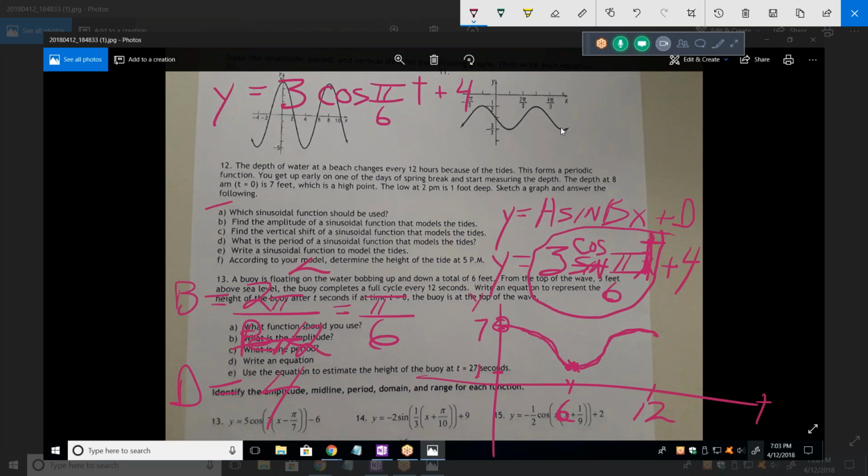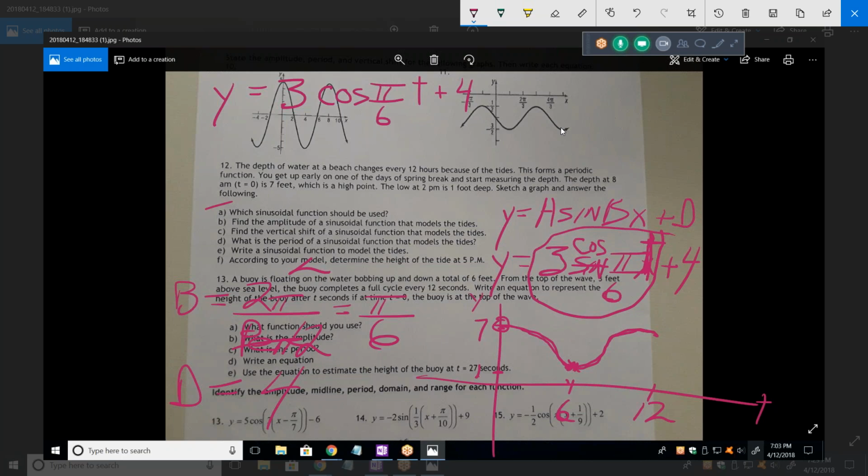Question B, what's the amplitude? Okay, question C, what's the vertical shift? Vertical shift is 4. Down or up? Up. So it's up 4.